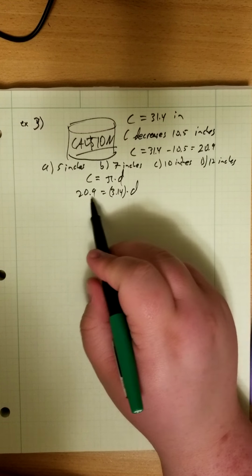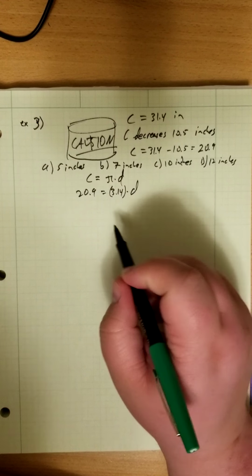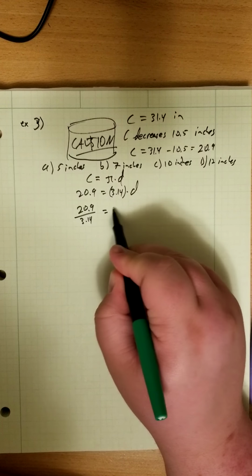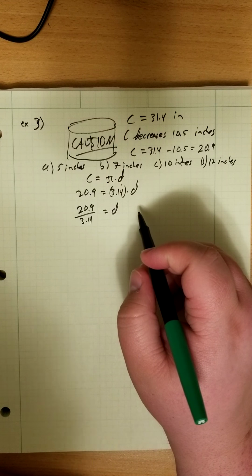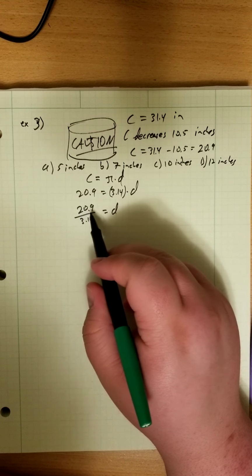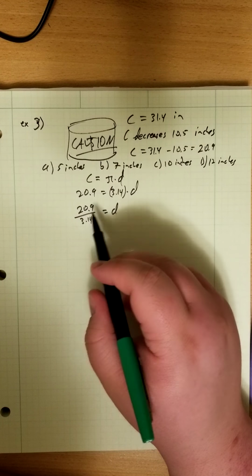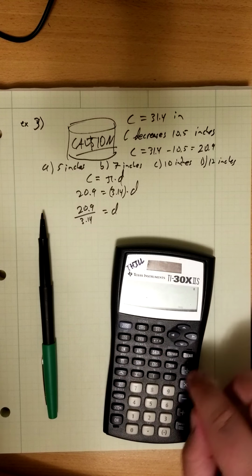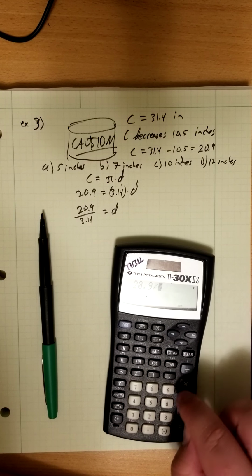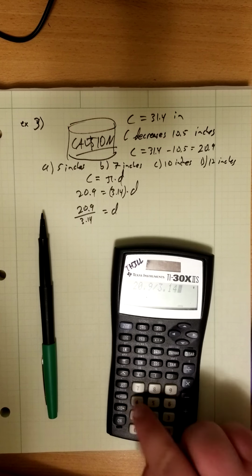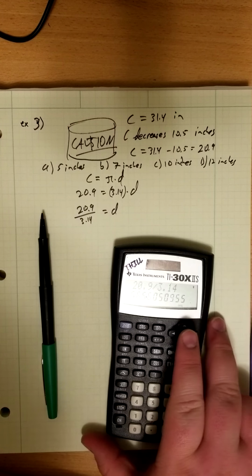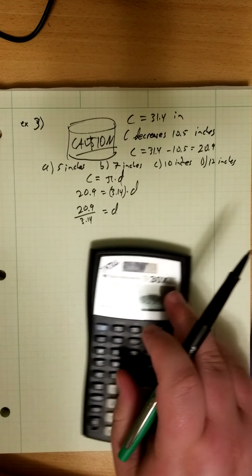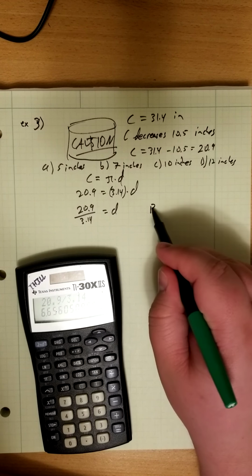So what I'm going to do is divide 20.9 by 3.14, and that will be my diameter. 20.9 divided by 3.14 is 6.6. Looking at these, it looks like B is the closest answer.